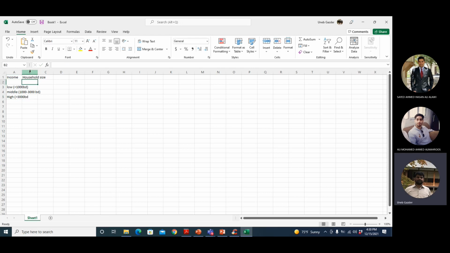And then you have households with 2 people, 3 to 5 people, and then you have 6 to 8 people. So you have these, you take the values from the sample, and in the sample, for example, this one is 30, this one is 20, this one is, let's say, 60.